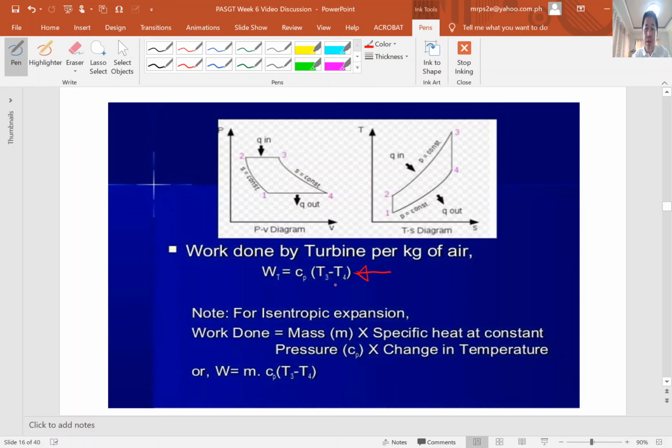So T3 minus T4 is the change in temperature, or delta temperature, and Cp is the constant pressure specific heat. So the formula: work done is equal to mass times Cp multiplied by the delta temperature, which is T3 minus T4.